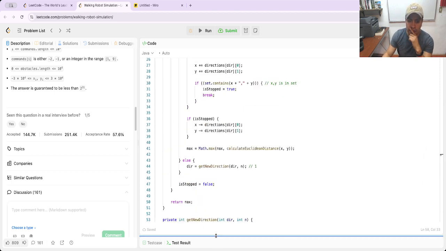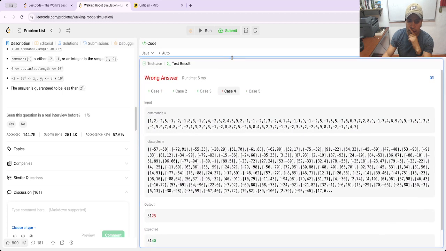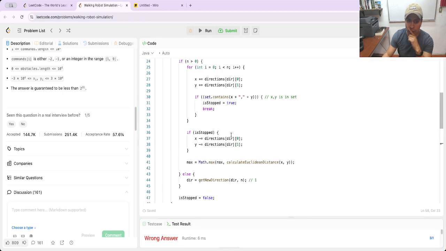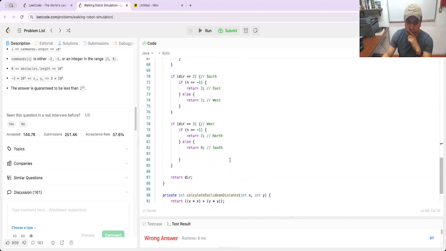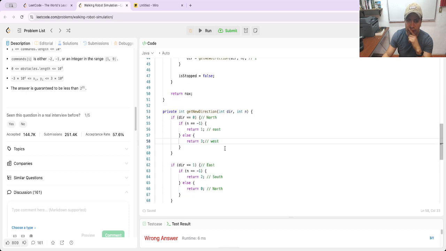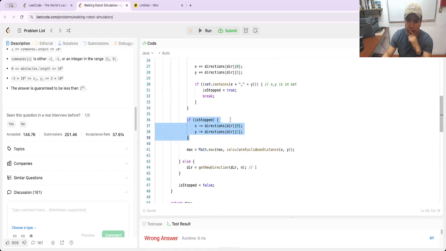But I have currently this error, but I don't know why. I am thinking that maybe it is this way, but I don't think so. And my second idea is with this. What happens when you have an obstacle? I'm not sure if I am calculating in the right way.